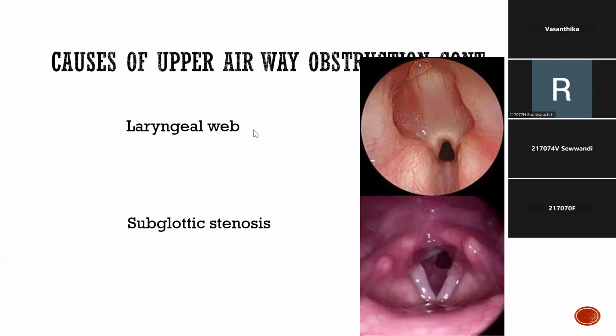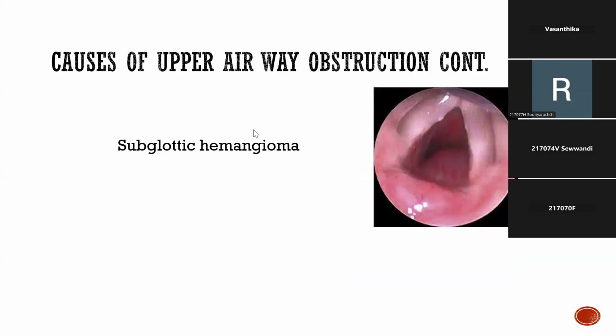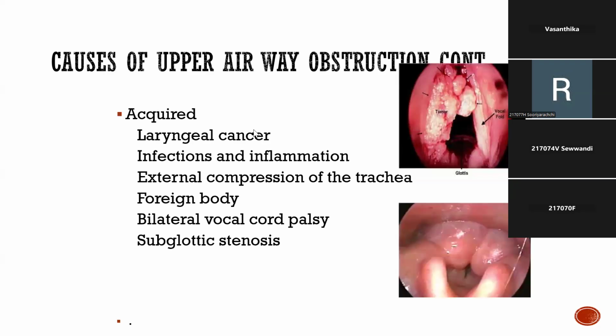Subglottic stenosis, again, you can see the upper part of the trachea is narrowed. Subglottic hemangiomas are a collection of blood vessels formed congenitally at the beginning of the trachea. They are causes of upper airway obstruction in the lower part of the larynx. Those are the congenital causes.